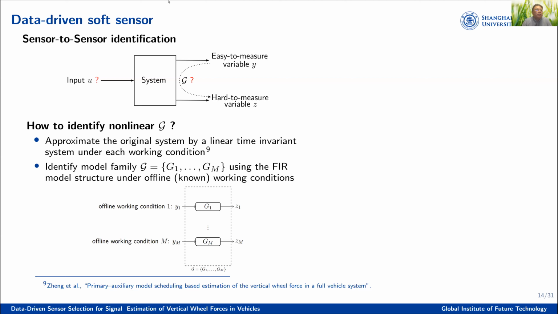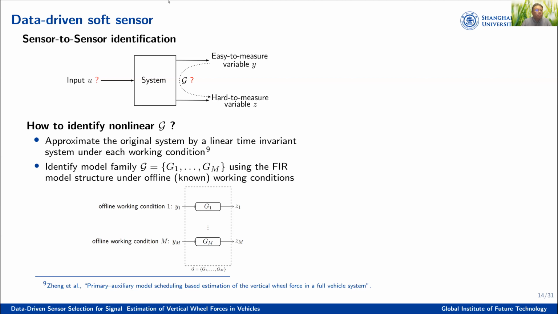The idea here is to approximate the real system by a linear time-invariant system under each working condition. So we believe that under each working condition, the system can be approximated by a linear time-invariant system, so in other words we decompose the nonlinear reality into different working conditions.